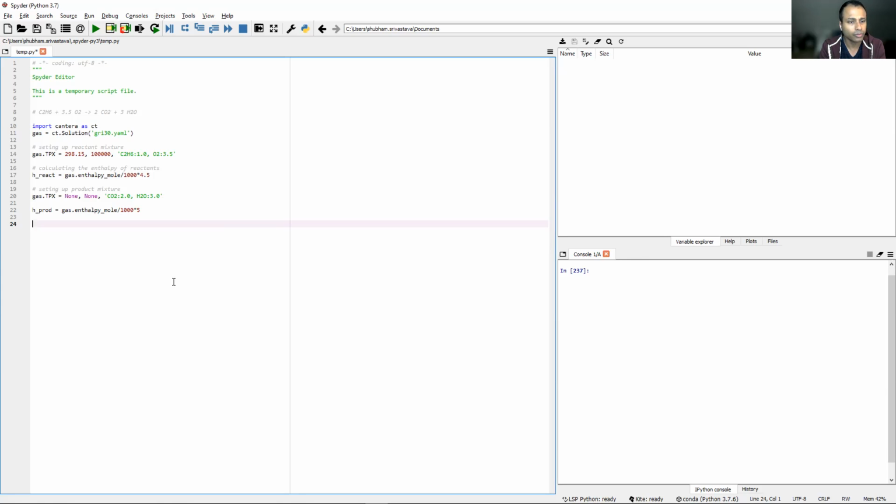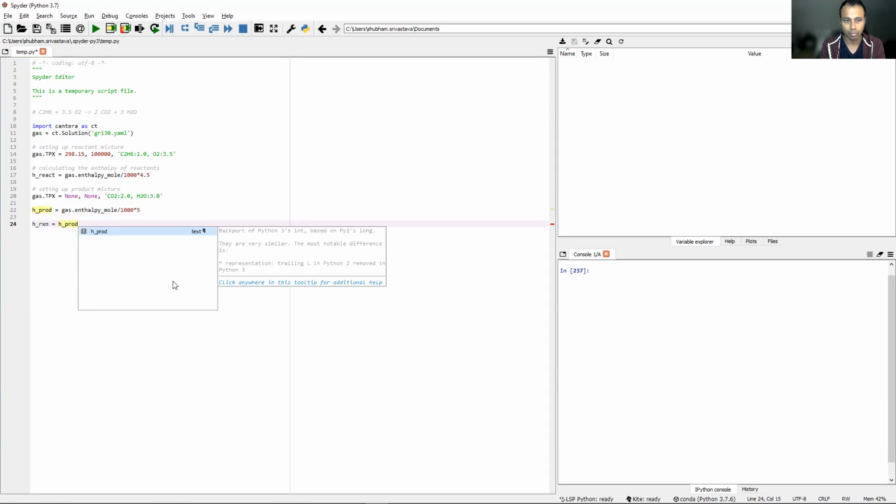So the enthalpy of reaction will be, let's say, H_rxn, looks right, equals H of product minus H of reactant. All right, so this is the heat of reaction.